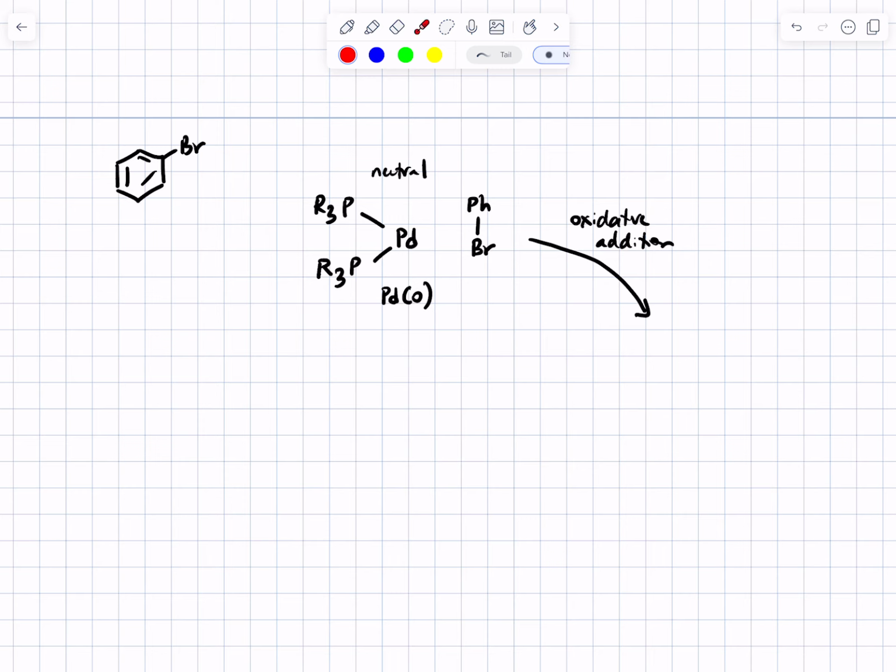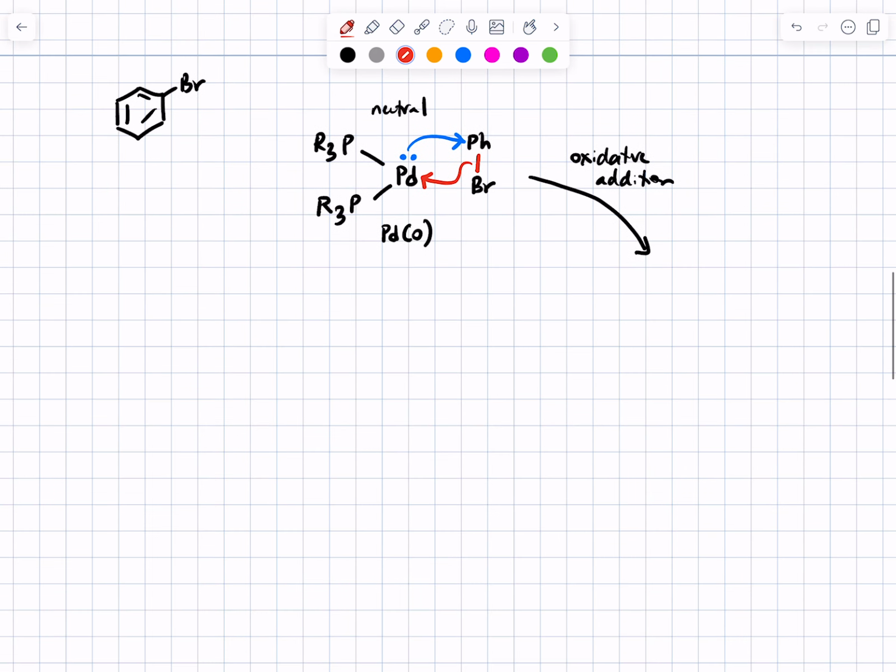Now remember, conceptually what happens in oxidative addition, though no transition metal or inorganic chemist or organometallic chemist would do this, is we take 2 electrons from palladium, we form a new bond with the carbon of the benzene ring that's bonded to the bromine, and then we take the 2 electrons from the carbon-bromine bond and we make a new palladium-bromine bond. Or the other way around, you can't tell. I've tried to make that point multiple times, so hopefully you're comfortable with that.